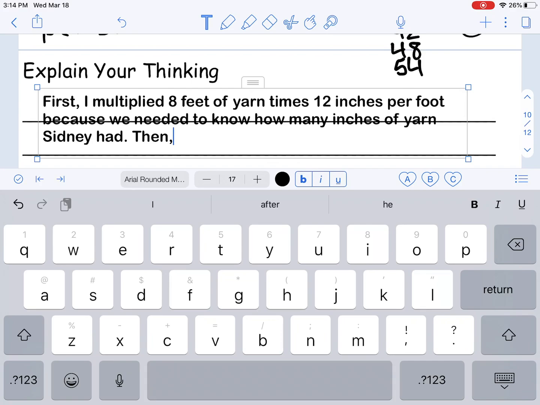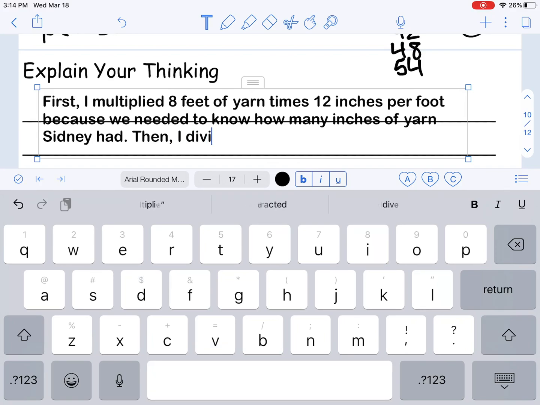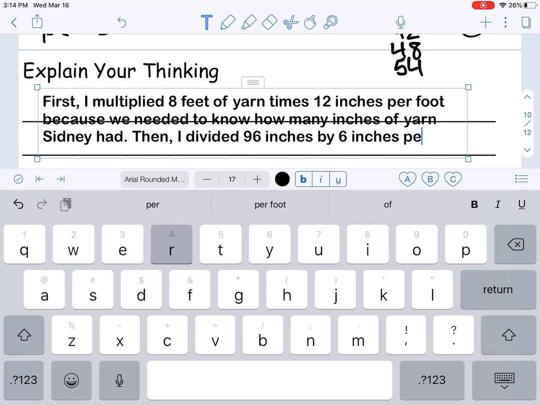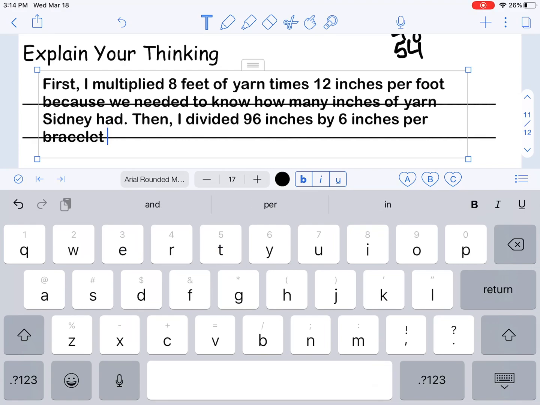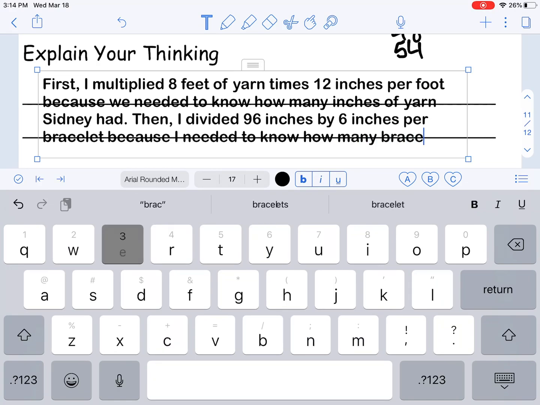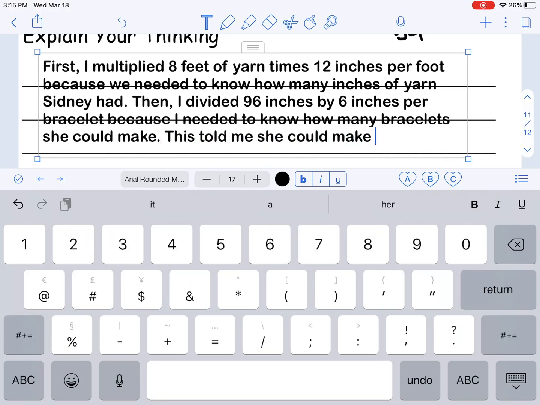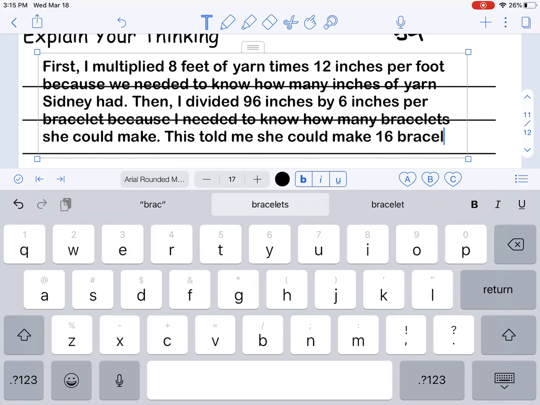Then, another transition word, comma, I divided 96 inches by 6 inches per bracelet because I needed to know how many bracelets she could make. This told me she could make 16 bracelets.